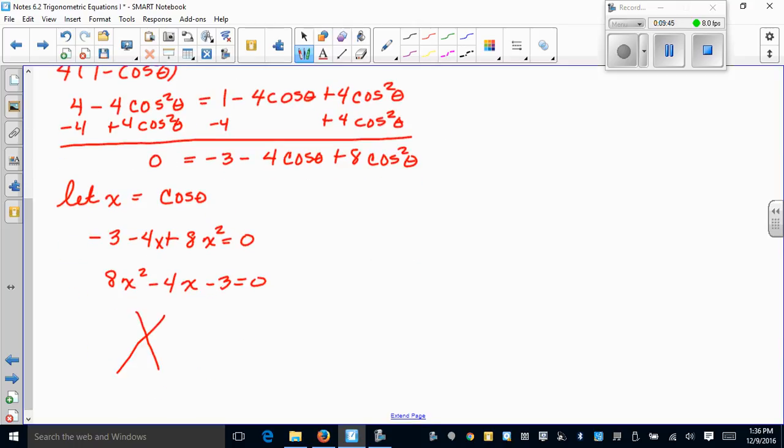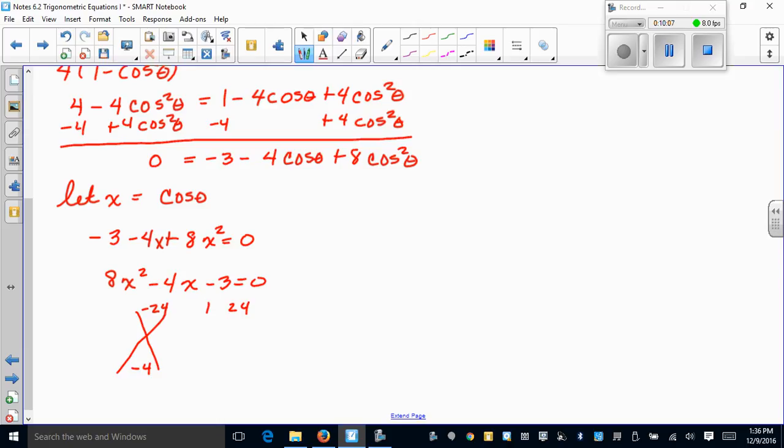Check to see if I can factor. 8 times 3 is 24, so negative 24. Negative 4 goes on the bottom, and I need factors of 24 that will add up to 4. The signs will be different, so really it's a subtraction problem. Worst case scenario, you're going to go through all of them. You can go, well, I have 1 and 24.